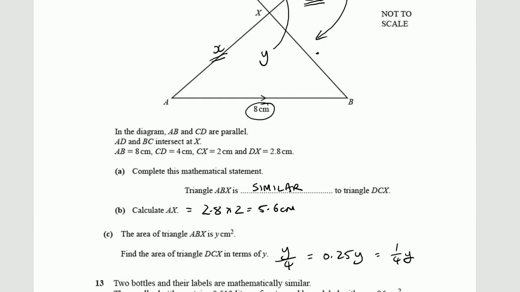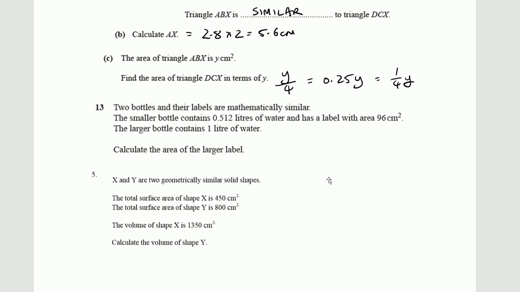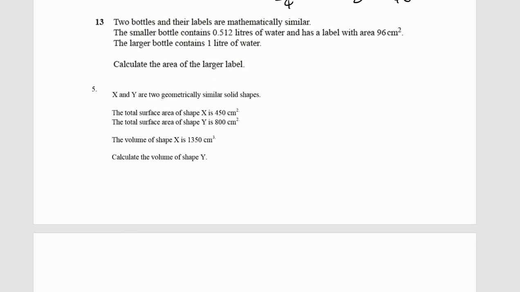Now this one is quite tricky. We need to think about this relationship that we talked about before between length scale factor, area scale factor, and volume scale factor. And essentially whatever information they give me is going to give me either a length, area, or volume scale factor. I want to manipulate that information into the scale factor that I want.